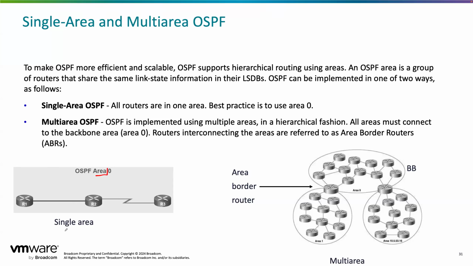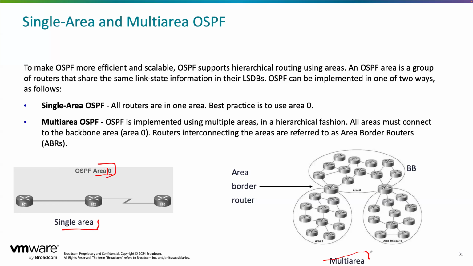For example, if you're using single-area OSPF, the area number is 0. Area 0 is always used for single area. That means you put all of the OSPF-enabled routers into area 0, so the whole OSPF domain has only one area.